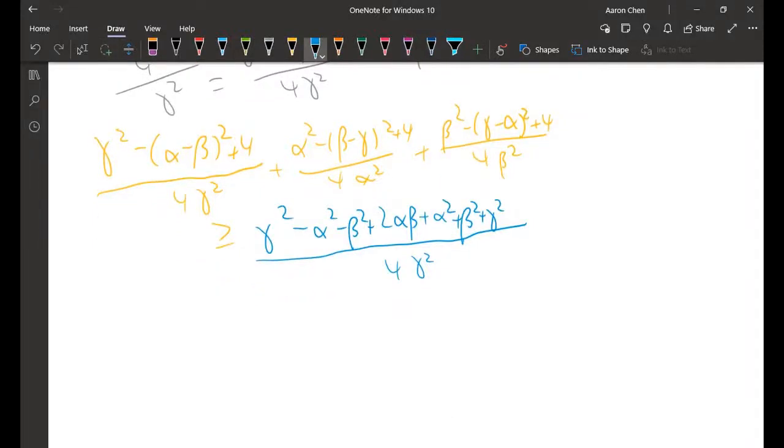And so we can simplify this by canceling out stuff. So here, alpha squared, alpha squared, beta squared. So this is equal to 2 gamma squared. And then there's another factor of 2 that we can simplify out. So that gets this down to gamma squared plus alpha beta over 2 gamma squared.